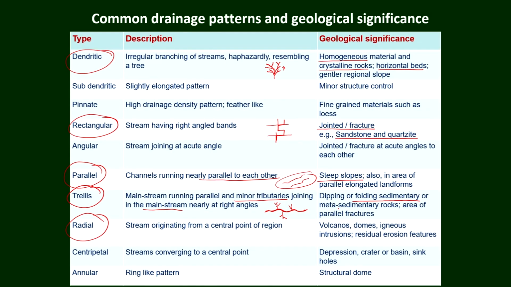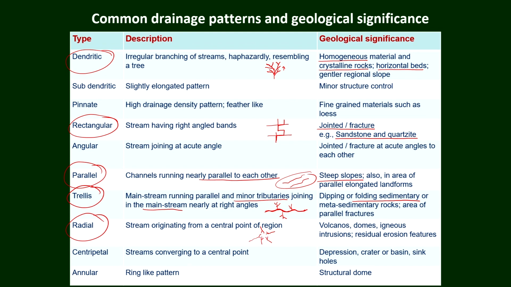So mainly we have harder and softer rocks, and that will result in the formation of a trellis pattern. Then radial: mostly you will find that the streams originate from the center and flow away in different directions.